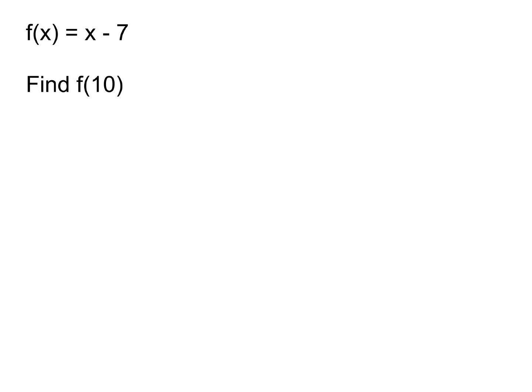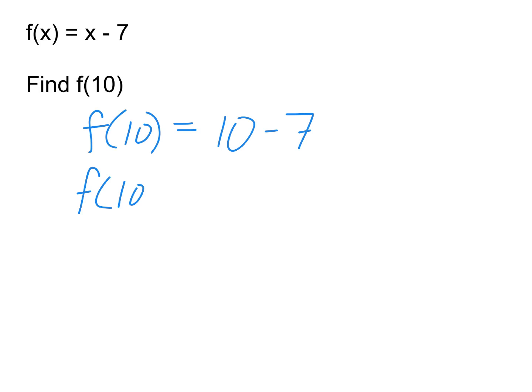All right, so when I write then f of 10, it's going to equal, now plug the 10 in for x, right? So it's going to equal 10 minus 7. And again, the math isn't the hard part here, it's the notation and making sure that we're comfortable with that. So I now go f of 10 equals, and of course 10 minus 7 is 3.